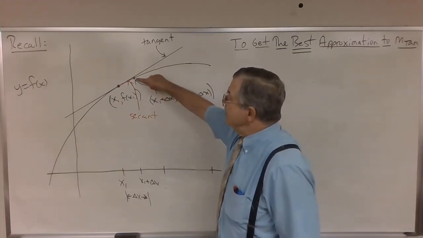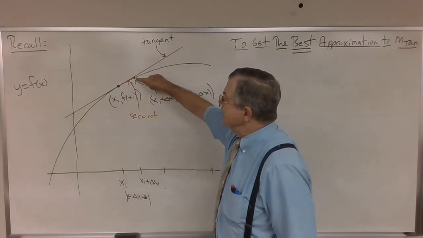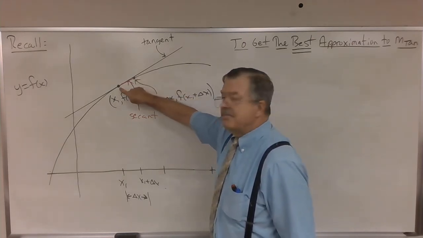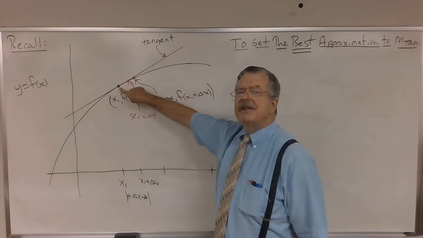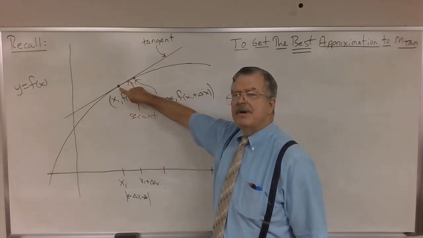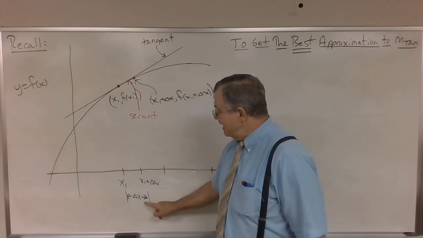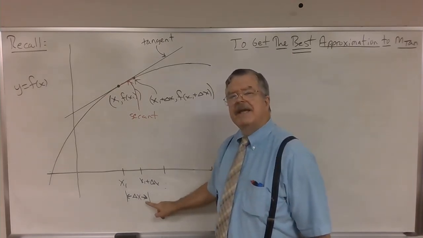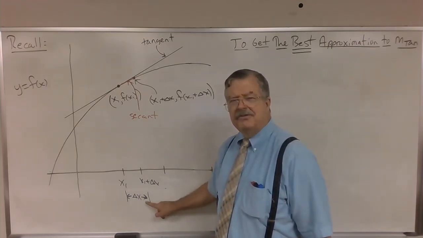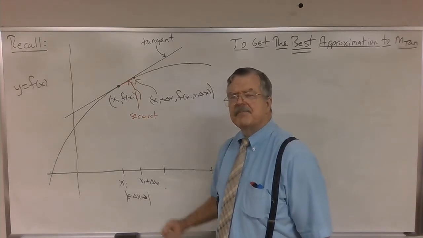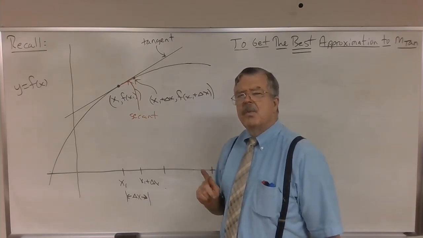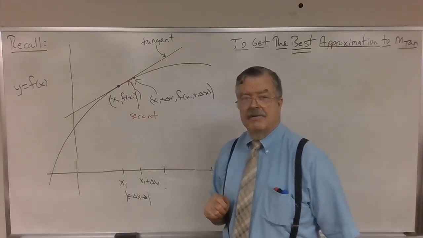And if we're taking the end of the secant and making it as close to the point of tangency without actually becoming equal to the point of tangency, that means that we're taking delta x and we're making it as close to 0 as we can make it without actually making delta x equal to 0.